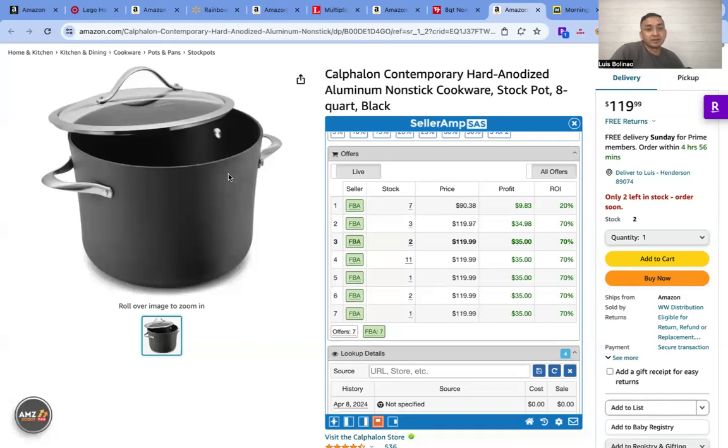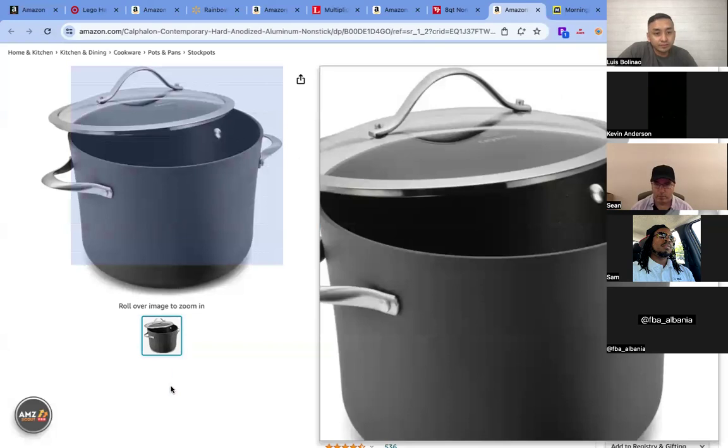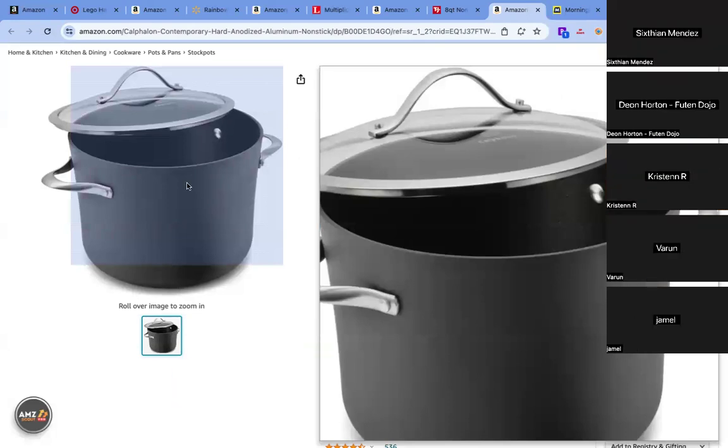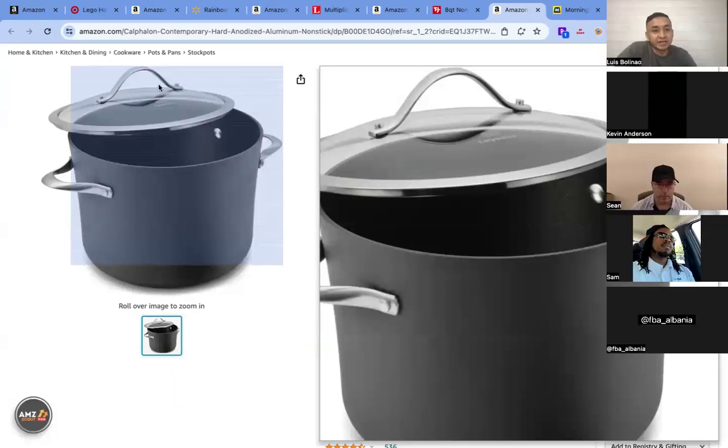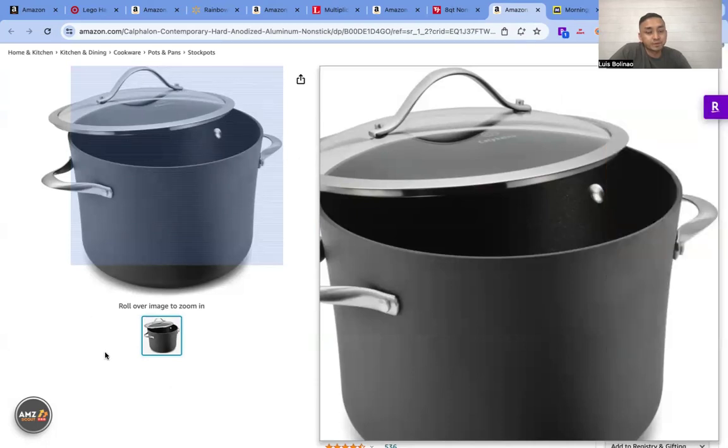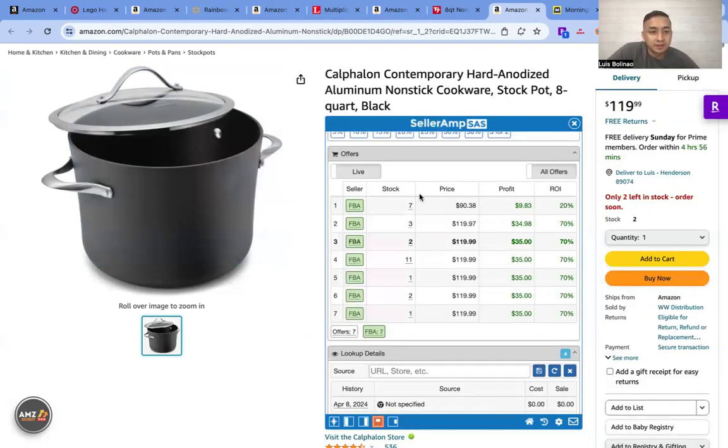He said, I would add an initial quantity of 6 or less. Okay, makes sense. Dion is a yes. Anyone else in the chat? So again, 33 sales a month, and 7 other sellers, and you're getting a 20% ROI minimum all the way up to 70%.